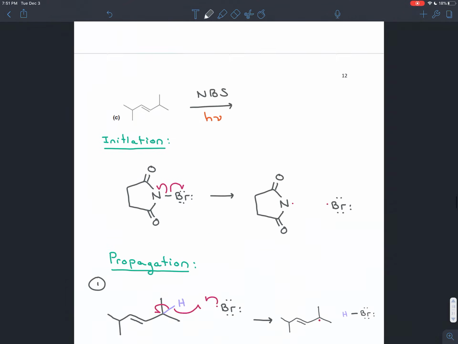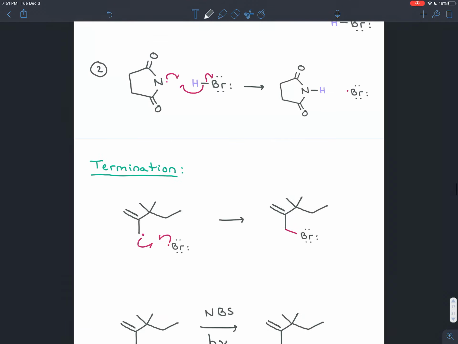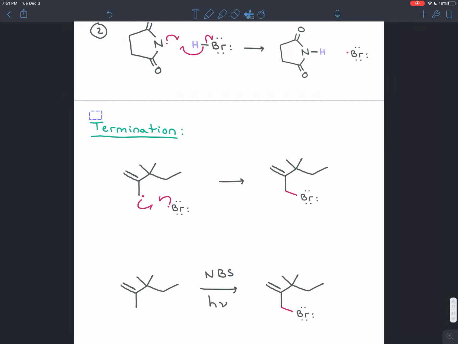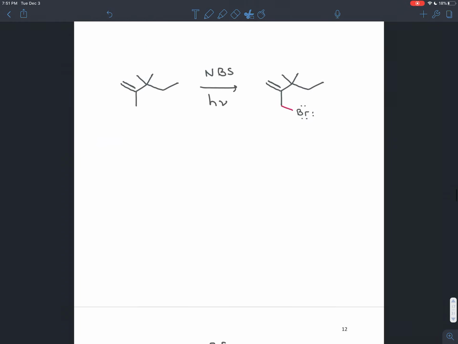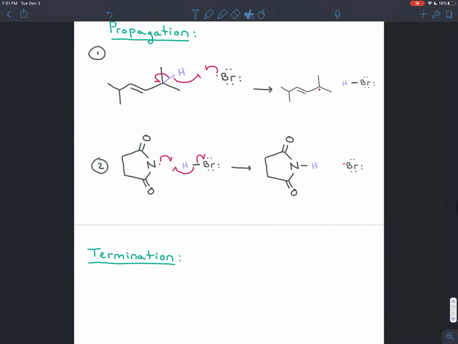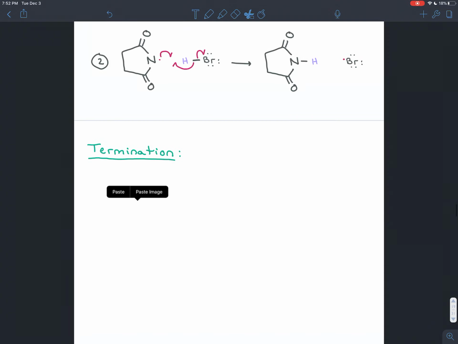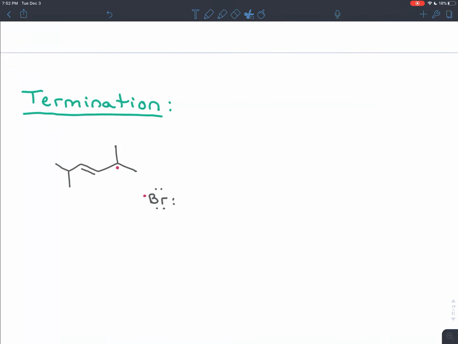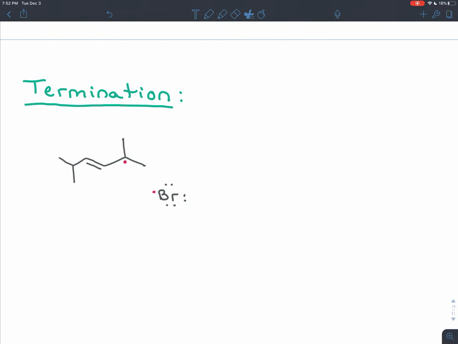Those 2 radicals pair up in the end of this story of this reaction, the termination step. So we get the carbon radical and the bromine radical. And those are going to pair up or bond to each other.